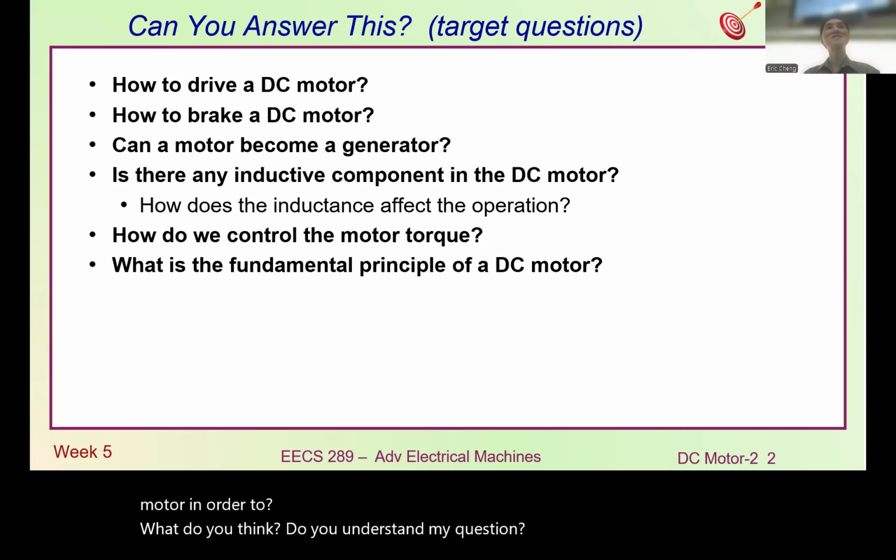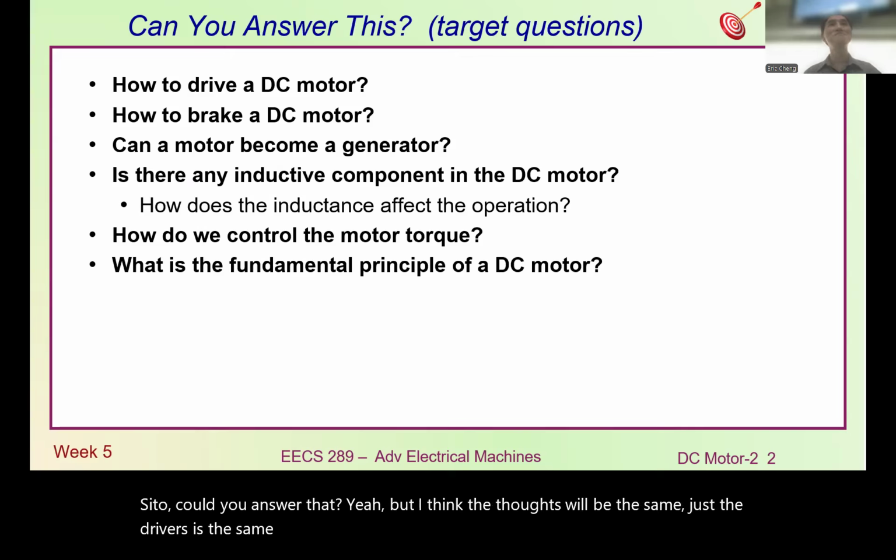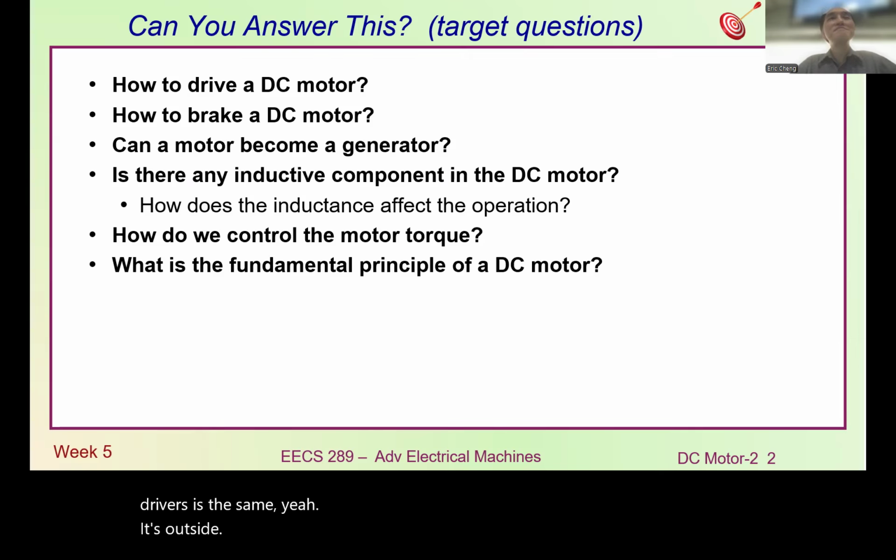Sito, could you answer that? Yeah, I think the source will be the same, just the driver is the same. For example, we have the DC motor and we have the voltage source. And when we want to drive it, it's in one direction, and we have a signal.